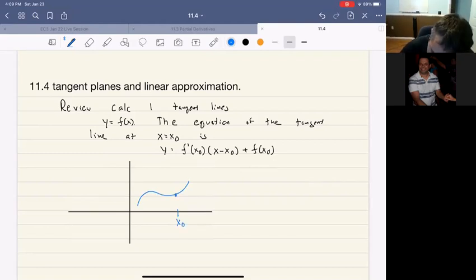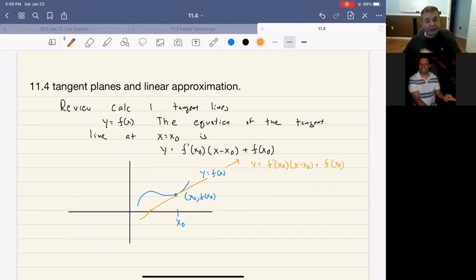This point here is x0, f of x0, because this is y equals f of x. And your tangent line is this thing, right? It has a slope given by the derivative at x0, and it goes through the point x0, f of x0.